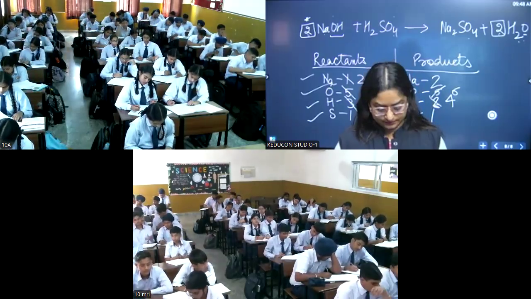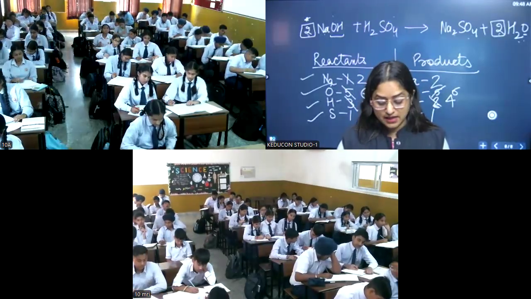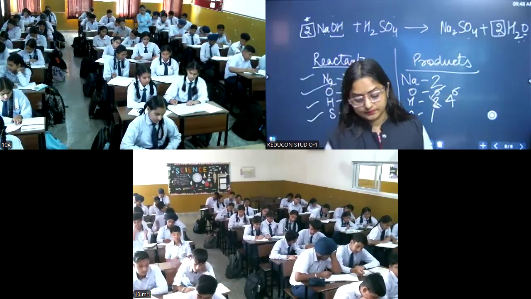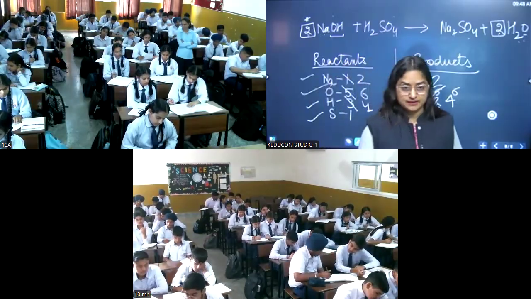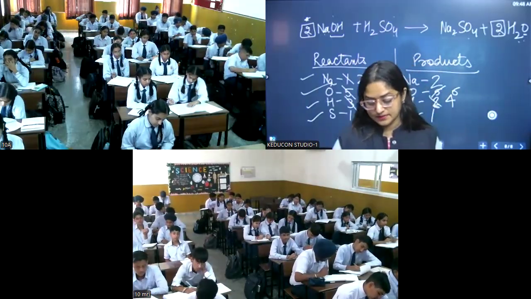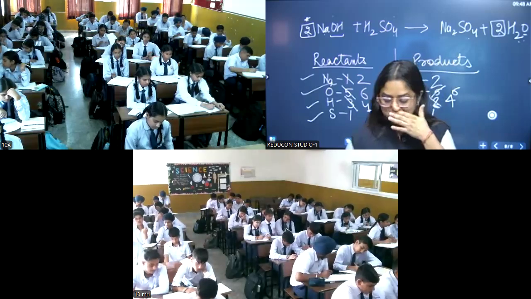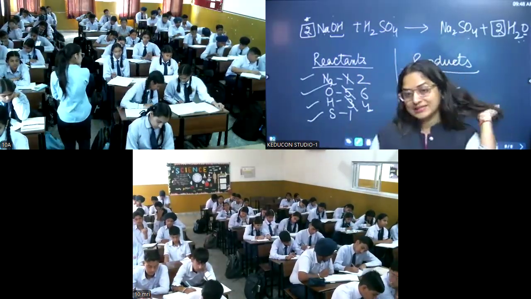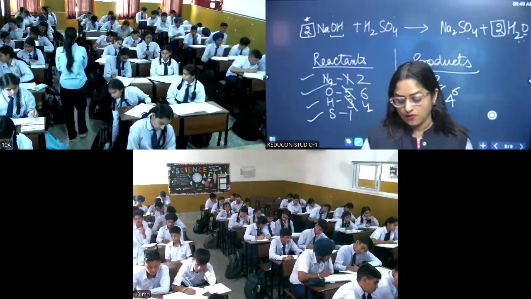Second point. Can you repeat again? Okay, was I fast? Okay, I repeat: an equation is balanced when there is an equal number of atoms of each element on both sides of the equation.